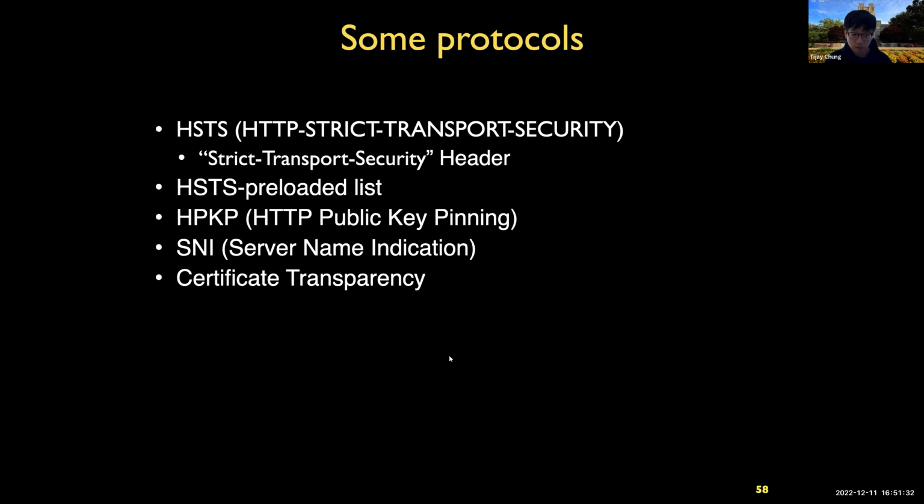The last one is certificate transparency. The purpose of certificate transparency is that it is a public repository. Mainly, it was driven by Google. Whenever a CA tries to issue a certificate, it has to push this information to the repository, okay?